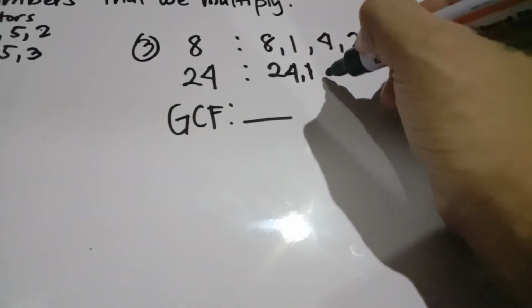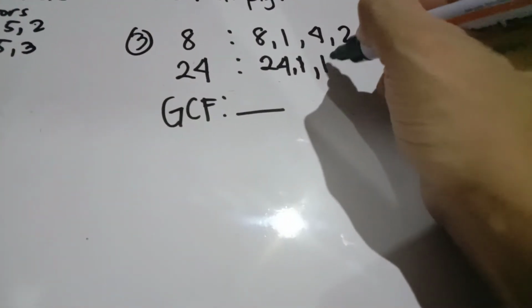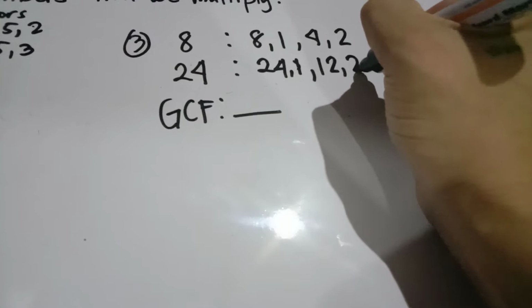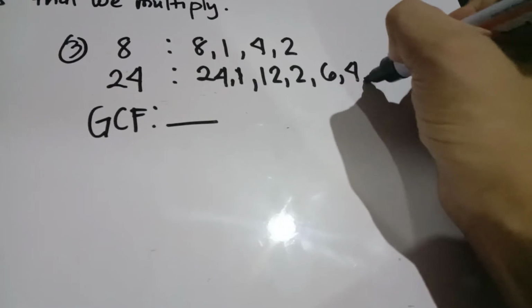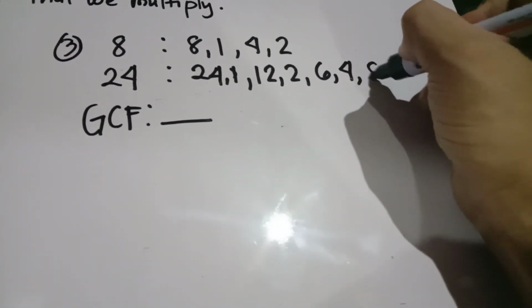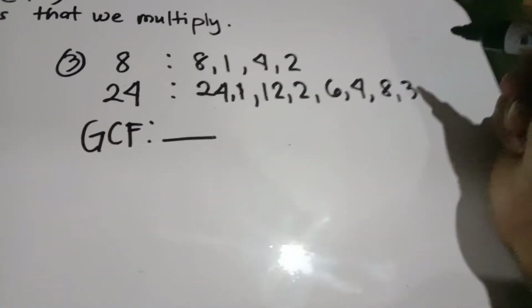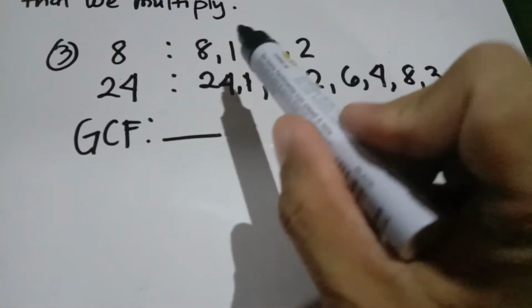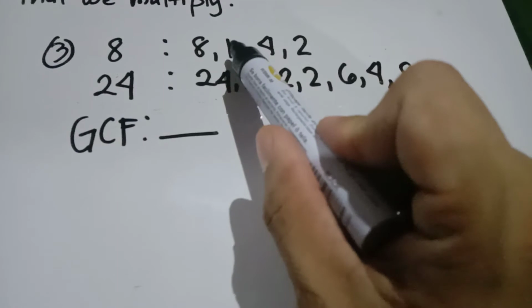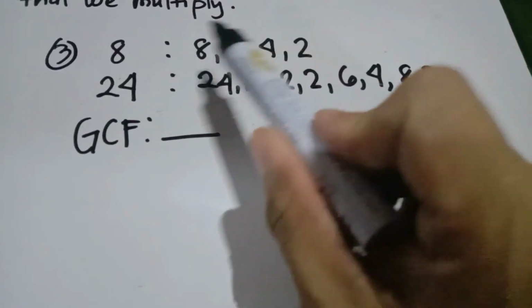How about 24? Factors of 24 are 24 and 1, 12 times 2. What else? 6 times 4. 8 times 3. Okay, so double check. Balikan natin yung 8. 8 times 1, that is equal to 8. 4 times 2, that is equal to 8.